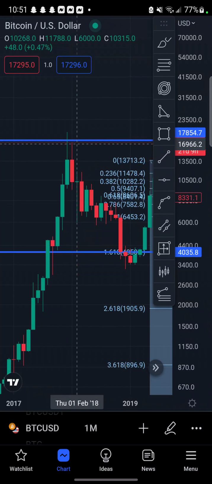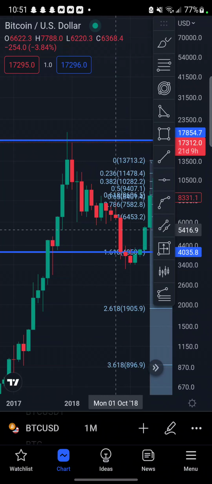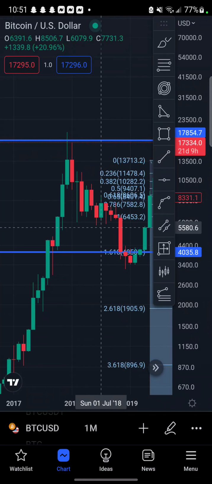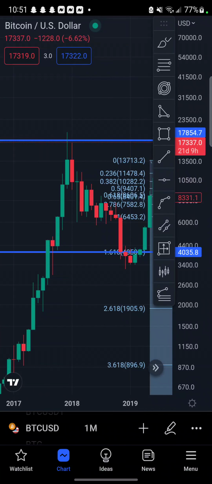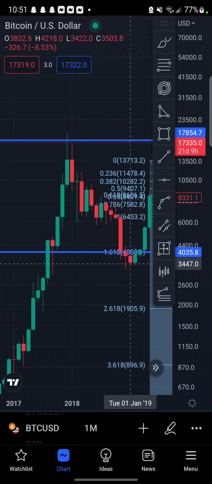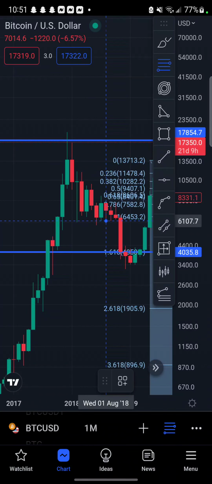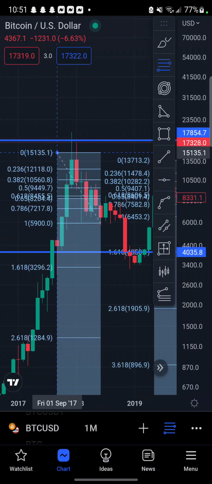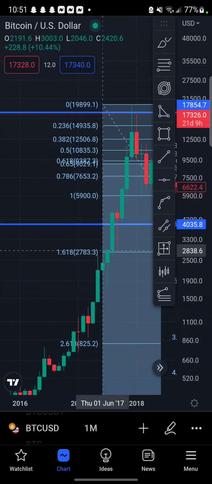Increase. We have a drop down to hit this level around here. So let's take the fib from one of these targets all the way up here to see if we get a 1.618 fib around this range. Bam. And this right here is actually saying 2,783.